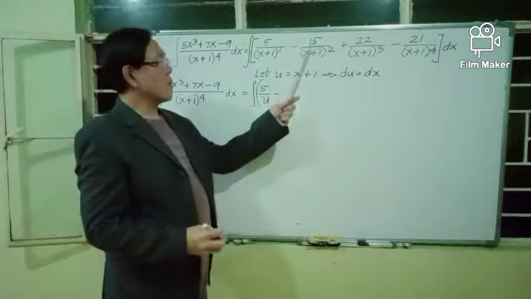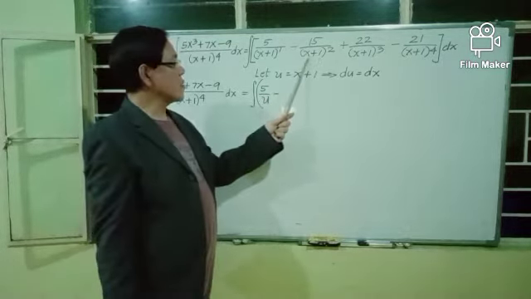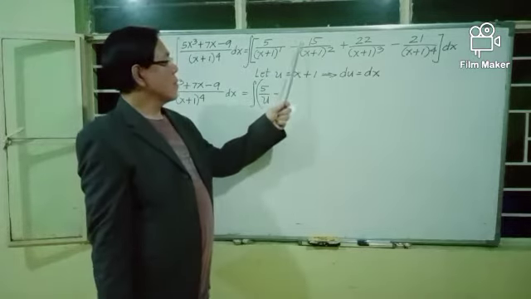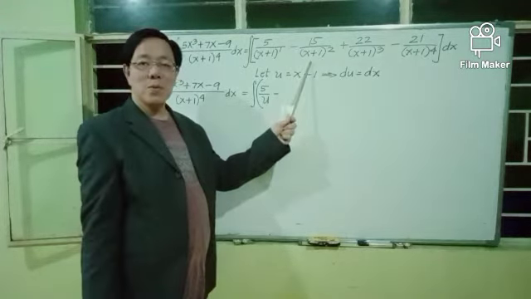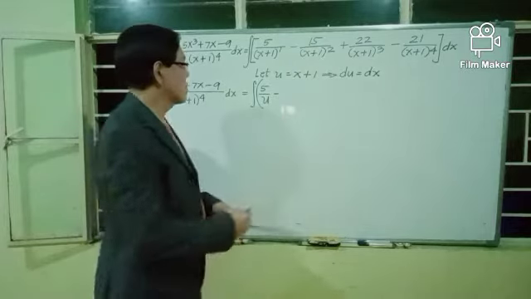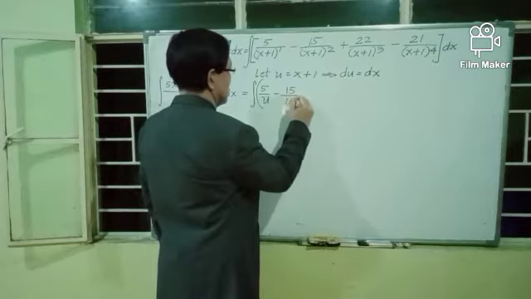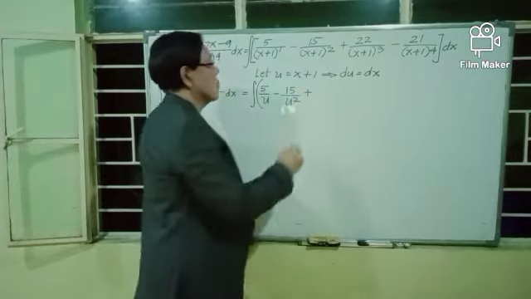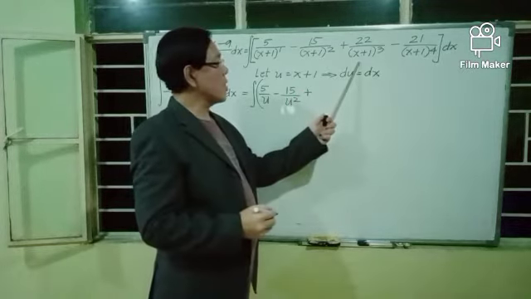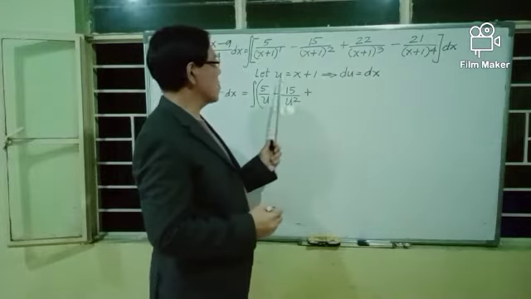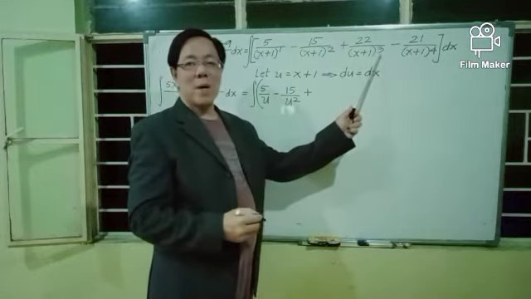The second term is minus 15 over x plus 1, which is u, or minus 15 over u squared. And the third term is 22 over x plus 1, which is u, to the power 3.